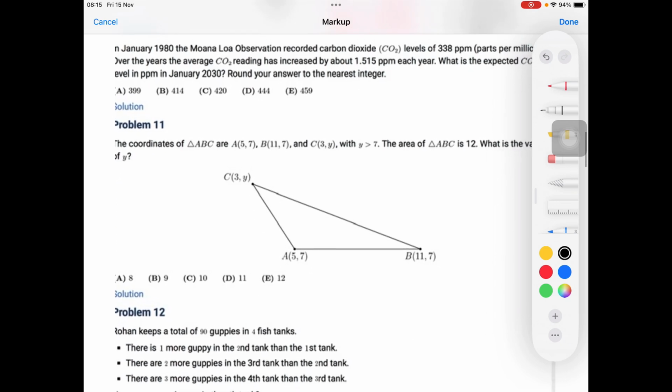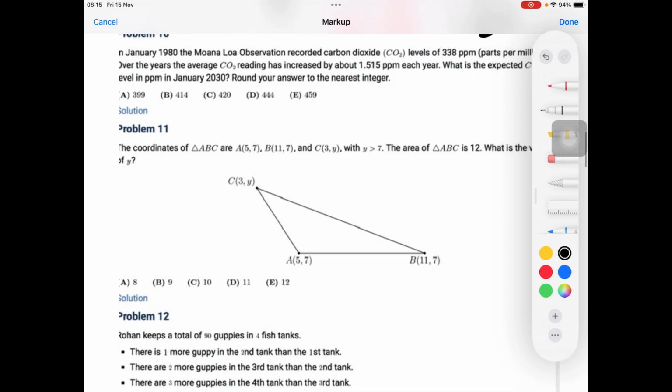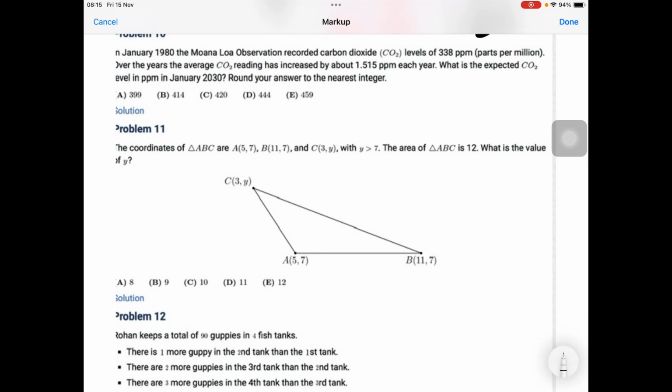In January 1980, Mauna Loa Observatory recorded carbon dioxide at 338 ppm. Over the years, the CO2 reading has increased about 1.515 each year. So 2030.